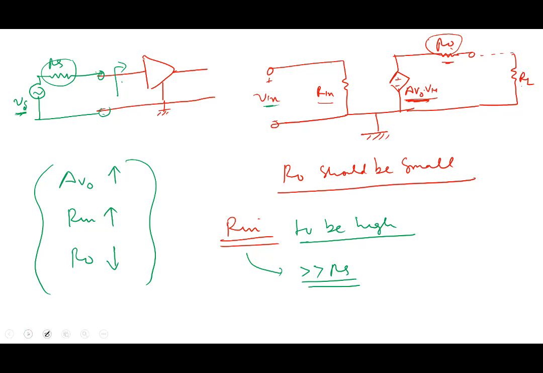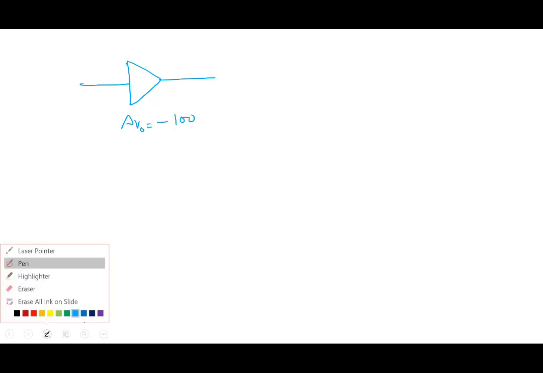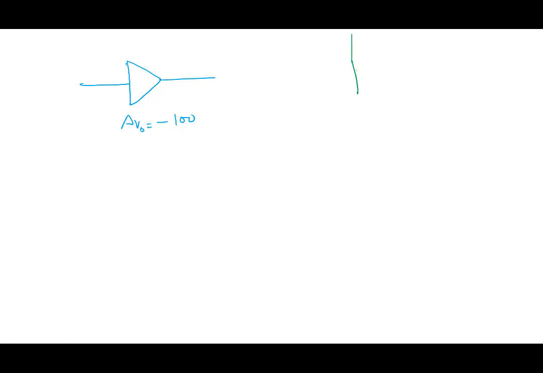So if somebody tells you, I have two amplifiers. One amplifier is here, AV0 is equal to minus 100. Another amplifier is here, AV0 is equal to minus, say, 25. Which amplifier is better?